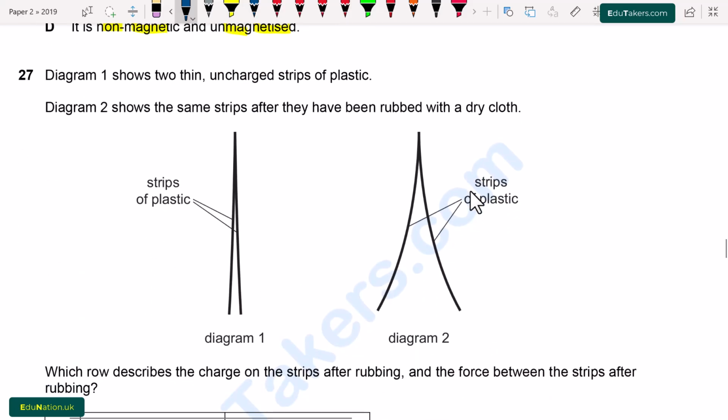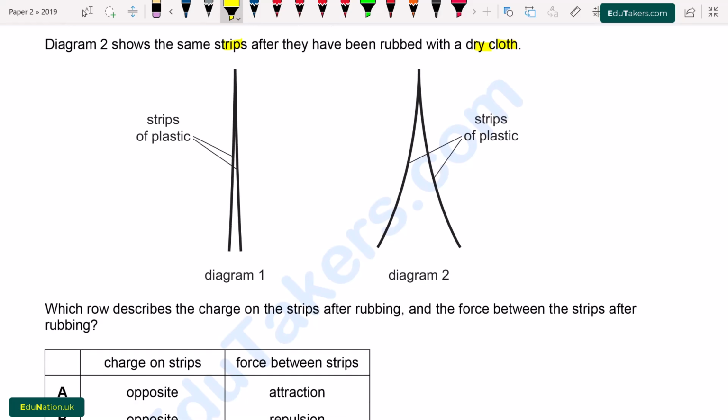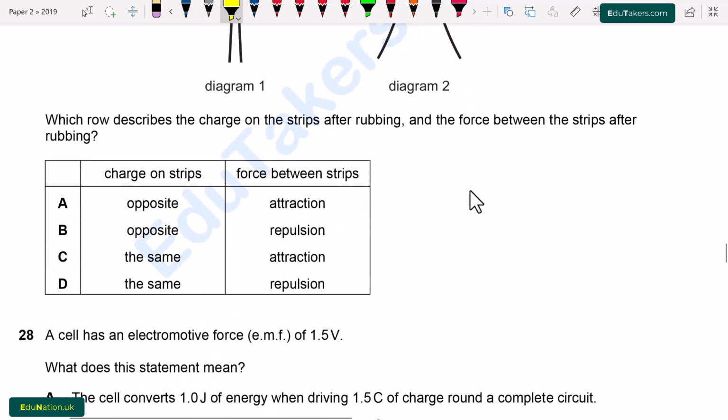Question number 27. Diagram 1 shows two thin, uncharged strips of plastic. Diagram 2 shows the same strips after they have been rubbed with a dry cloth. Two figures are shown here. These are two strips of plastic, and there are also the strips of plastic when they are rubbed with the dry cloth.